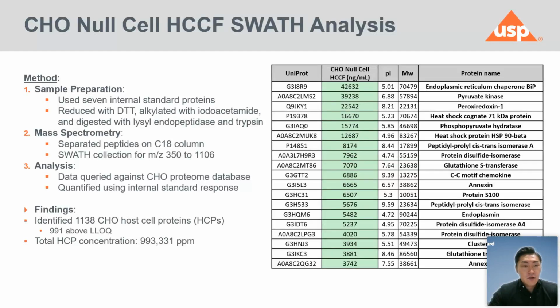And the mass spectrometry approach separated peptides on a C18 column, followed by SWATH collection at 350 to 1106, and then followed by analysis. Data was queried against the CHO proteomic database and quantified using an internal standard response.